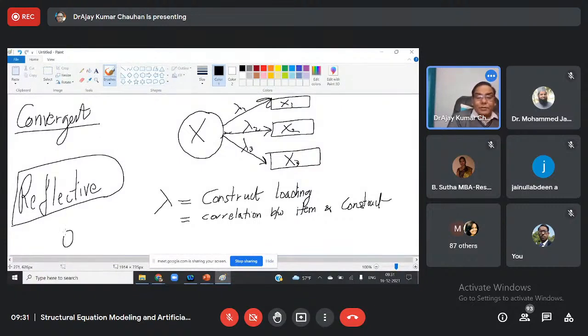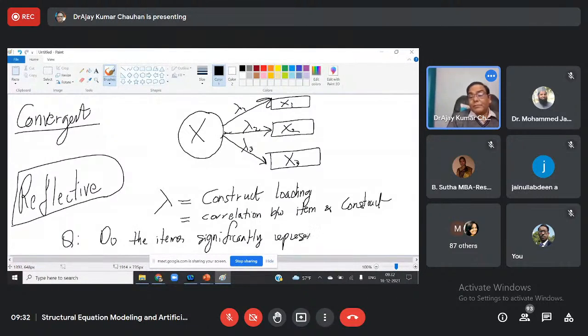Now the question is: do the items significantly represent the construct? We want to know whether these items significantly represent the construct.